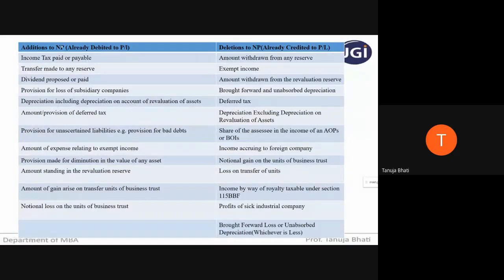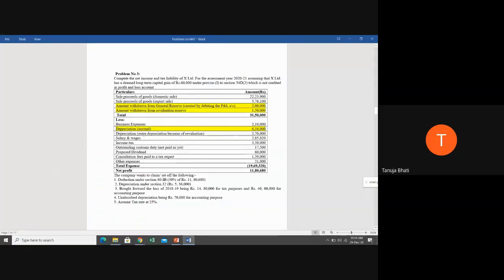Here you can see on the left hand side, depreciation including depreciation on account of revaluation of assets should be added, and similarly in deletion from net profit, depreciation excluding depreciation on revaluation of asset has to be deleted. So in short, normal depreciation should be given effect on both sides. It should be added to the net profit as well as deleted from the net profit.